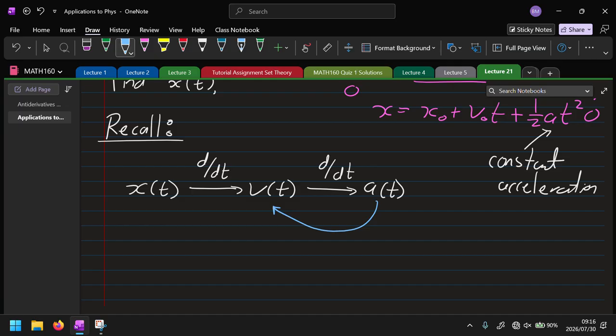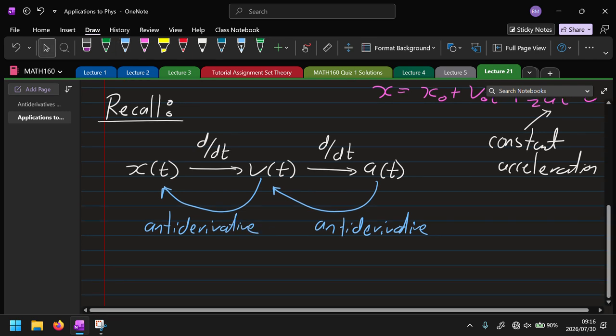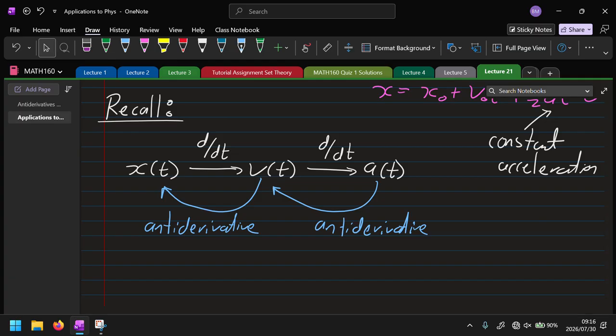We're given the acceleration. We want the velocity, so we need to do the antiderivative. And once we have the velocity, we do the antiderivative a second time, and that will give us position. So we have our starting function, we do it twice, we end up with our position.